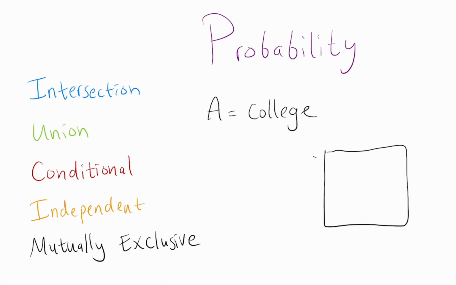So first, the notation. The notation for somebody being both a college degree holder and a voter is probability of A intersect B. And you can see where that vocab comes from. It's like the intersection of these two Venn diagrams, of these two circles here.